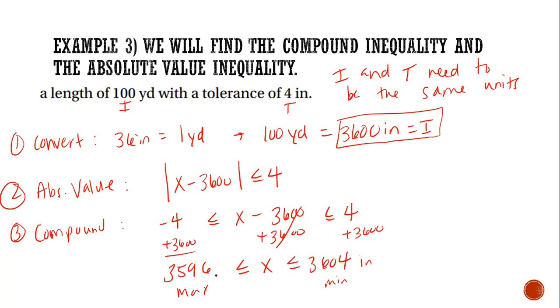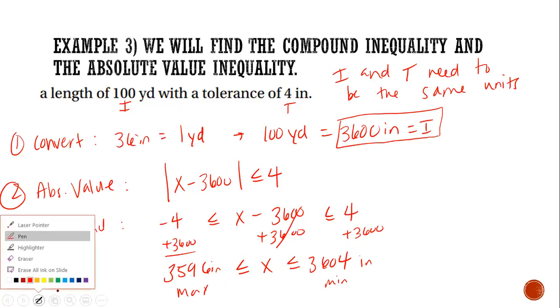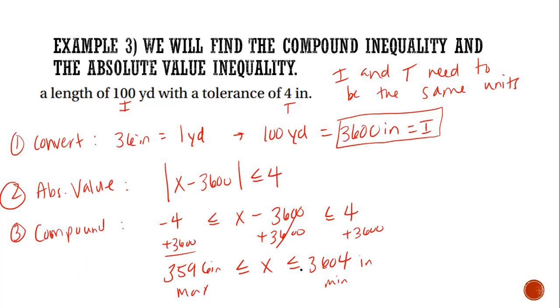And currently it's in inches. If the problem didn't want it in inches, then I would have to convert. To simply convert, I would divide by 36. So if I wanted to know how many yards, my max in yards would equal 3,604 divided by 36.